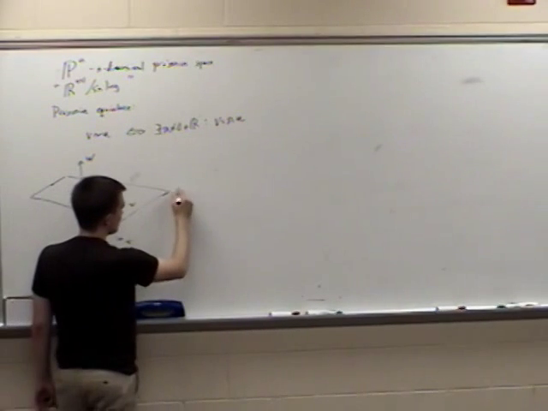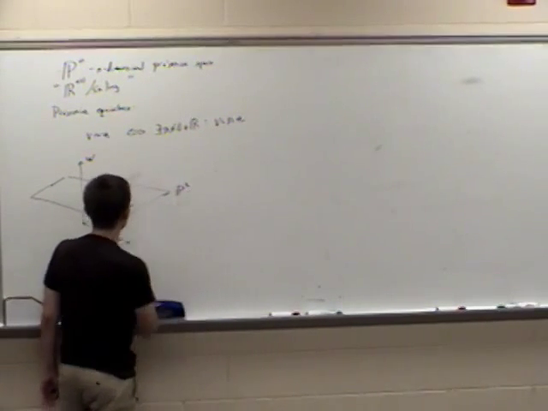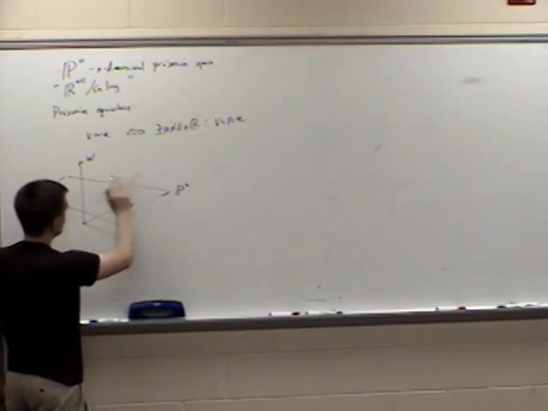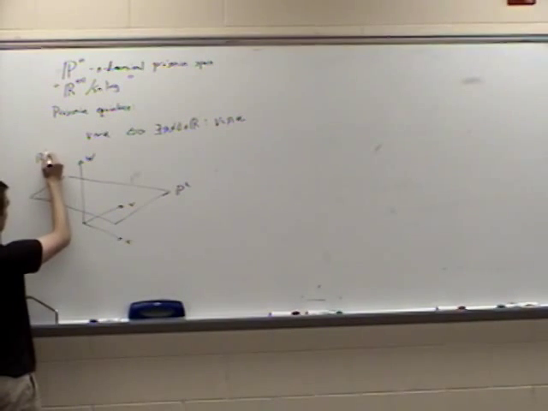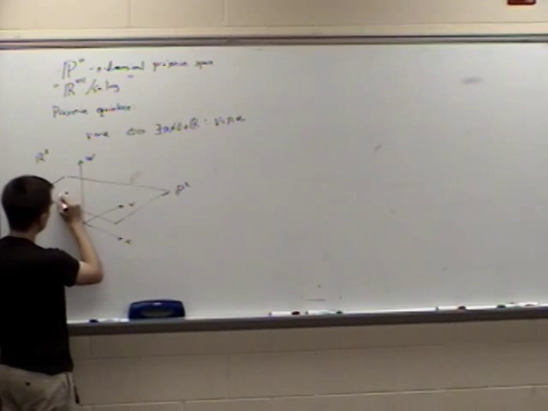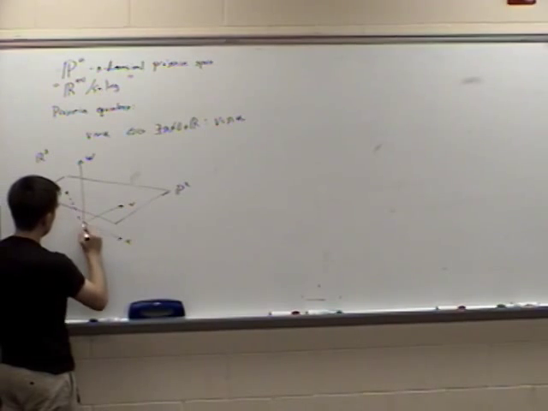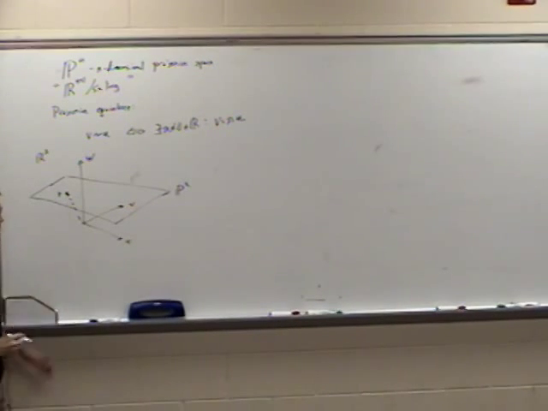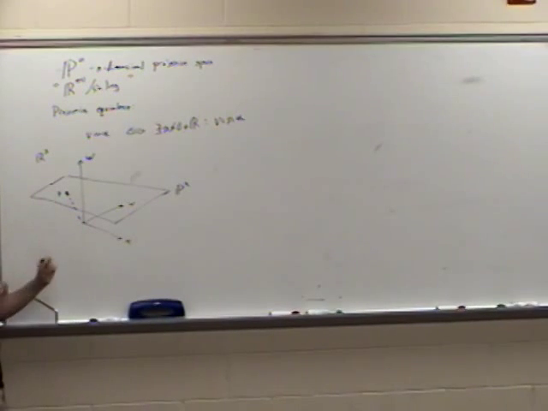So we'll say that this thing is basically P2, and then this vector space here is R3, right? So if we take a point here, call this guy P, and we look at some vector through the origin, this is where P would cross this plane, right?